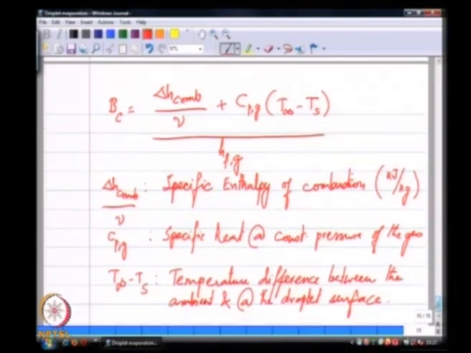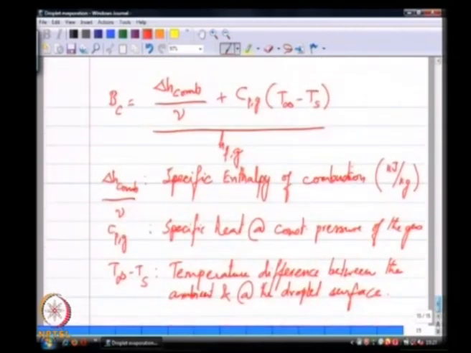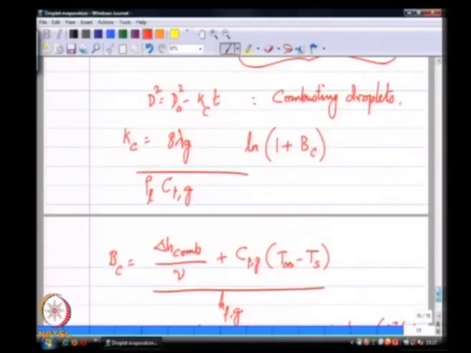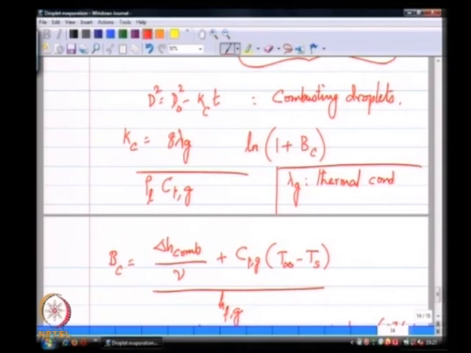So, essentially if I look at this, of course, I have to also define my lambda g here, the thermal conductivity in the gas phase.